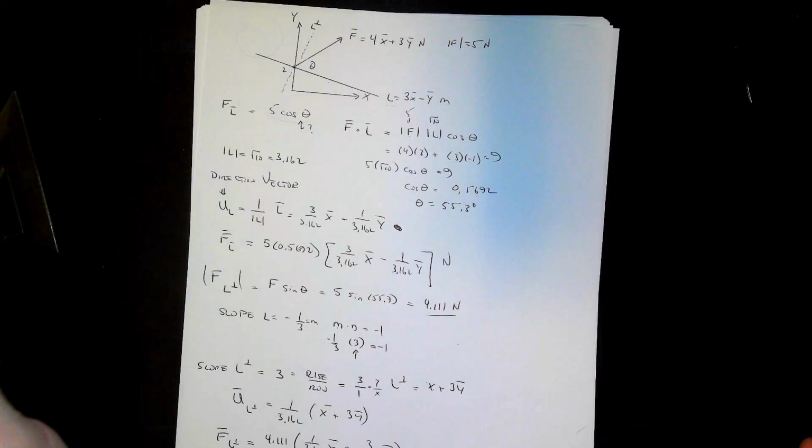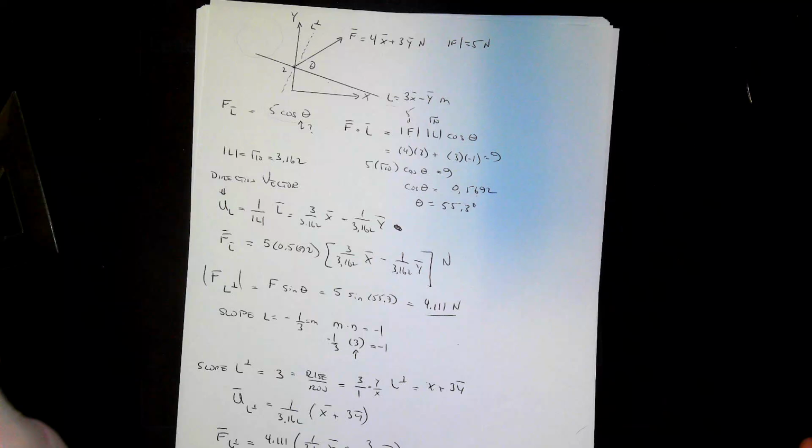So if M is minus a third, what do I have to multiply to get to minus 1? 3. I need a line of slope 3. Once I know what this line is, that's given. If this slope is minus a third, the slope right there is 3. I get that immediately. So the slope of L perp is 3.